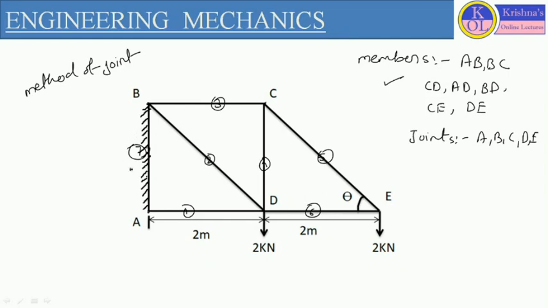This member is not considered for the analysis of forces, and there will be no axial tensile or axial compressive force acting, because of the external load we are not considering any effect over this fixed member. Because this member is fixed, it will not change its position. So only 6 members we will consider, and AB is the fixed member.